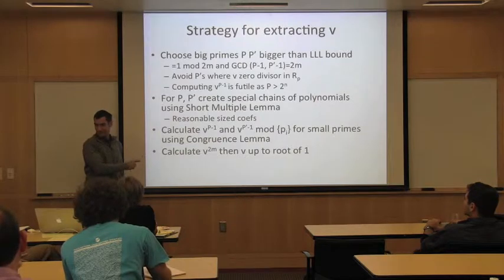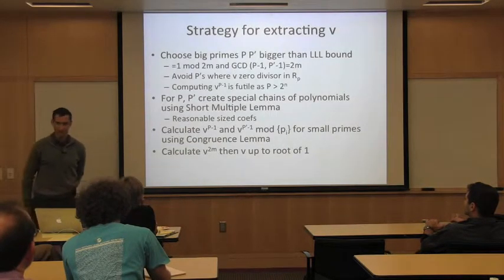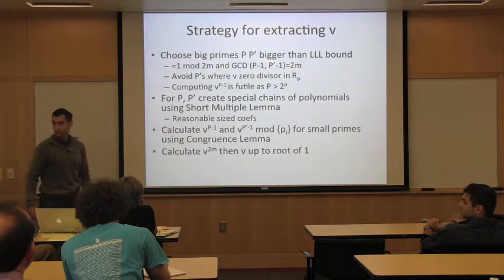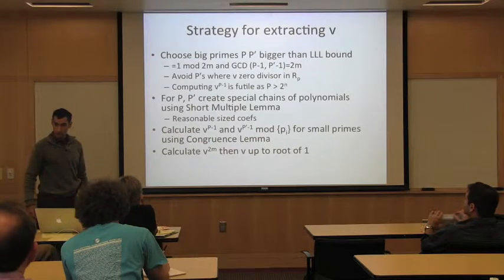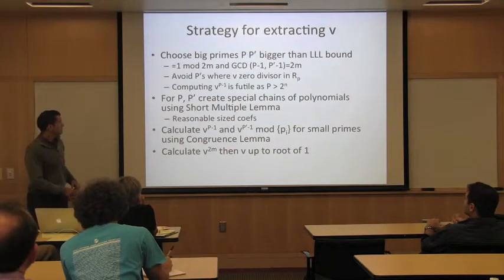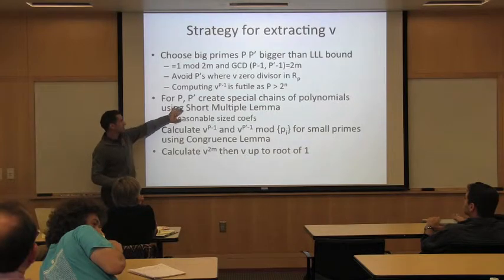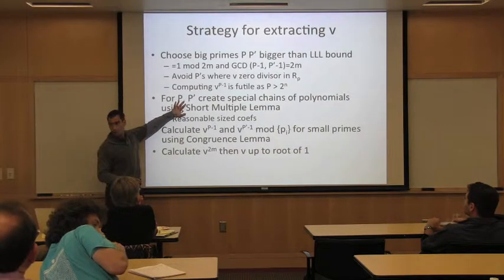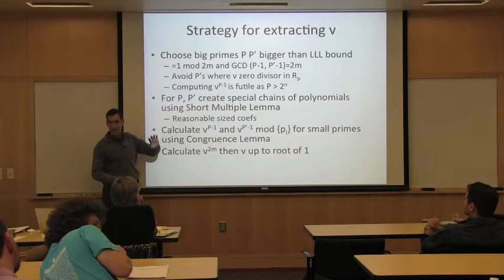You have to do some divisions, but that's only for the polynomial chains. You make the polynomial chains from the big prime, and then later you use the polynomial chains, because it's a different small prime for every one.